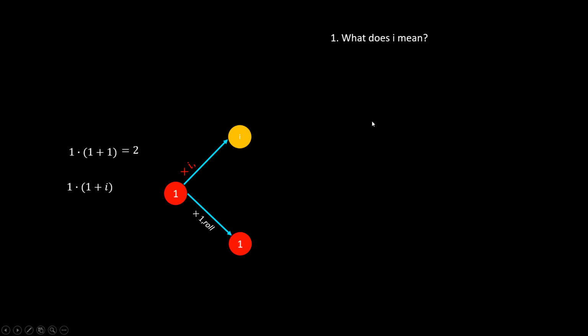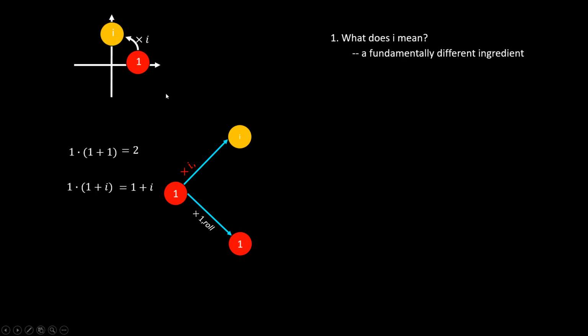That's because they are fundamentally different things. So this i means a completely different ingredient as opposed to 1. In geometry, they are placed 90 degrees to one another, meaning that they are independent. They won't interact with one another.